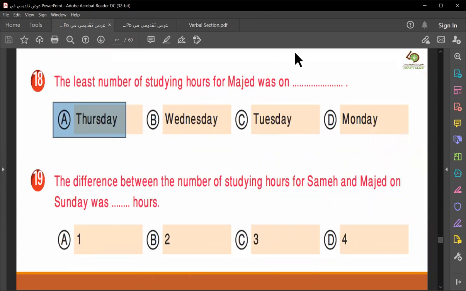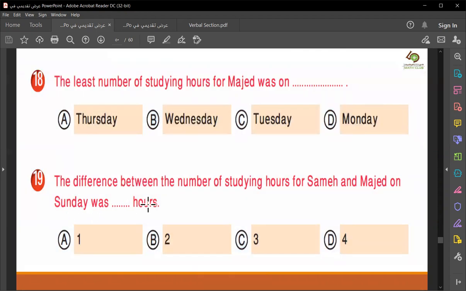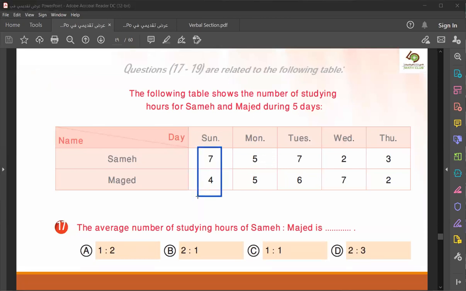The difference between the number of studying hours for Sameh and Majid on Sunday was what? We will go to Sunday. This Sunday, we want to find the difference.